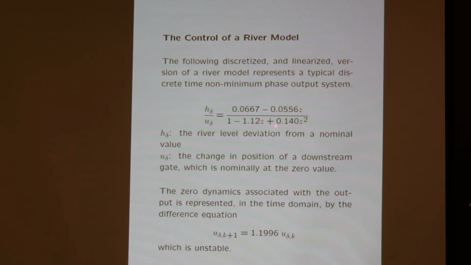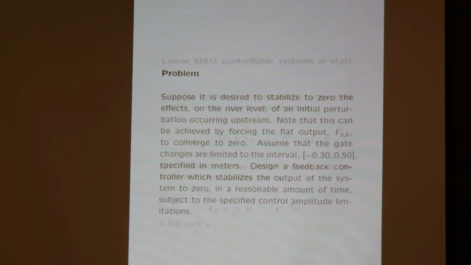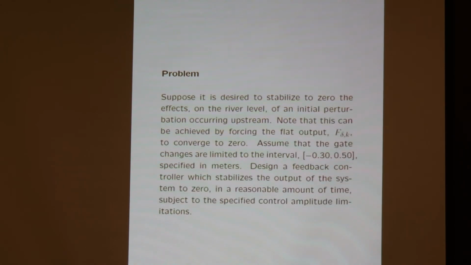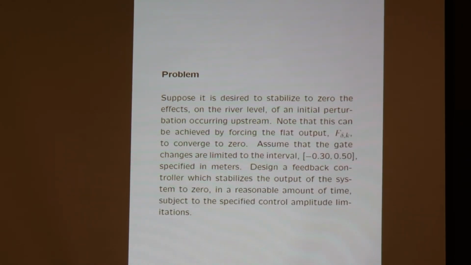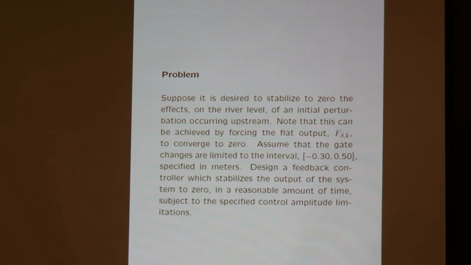Moreover, if you have some instability here, you can eliminate it from the input. So in essence, the flat output is going to be controllable, and you can track any trajectory, and somehow the non-minimum phase problem vanishes, because you're not controlling an unstable system, you're controlling a stable flat output dynamics.